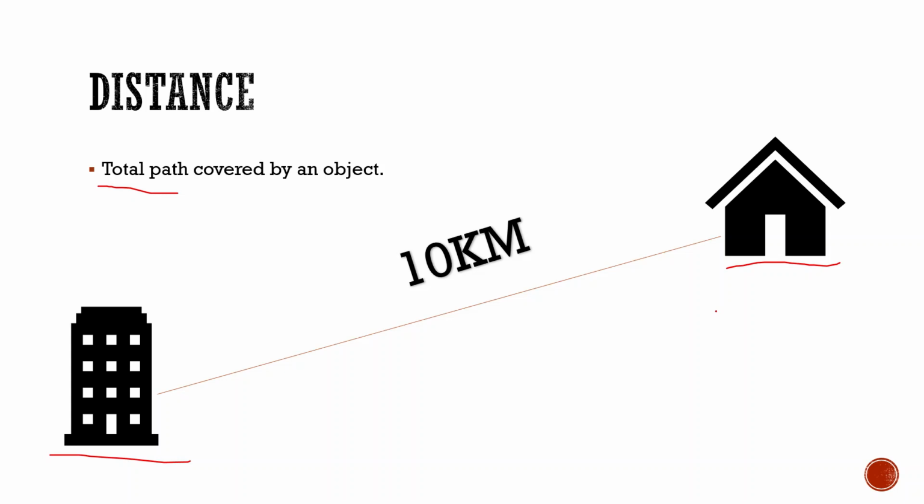How? From your house to your school it is 10 kilometers. Again, returning from your school to your house is 10 kilometers. So 10 plus 10 is, sorry, 20 kilometers. So the distance covered by you is 20 kilometers. Distance is nothing but the total path covered by an object.